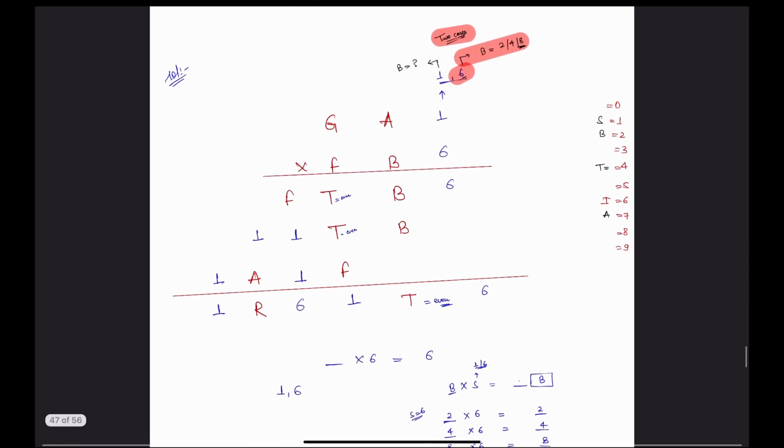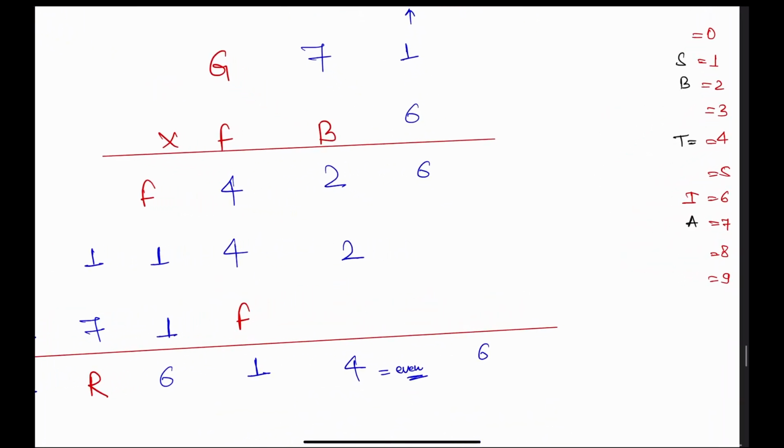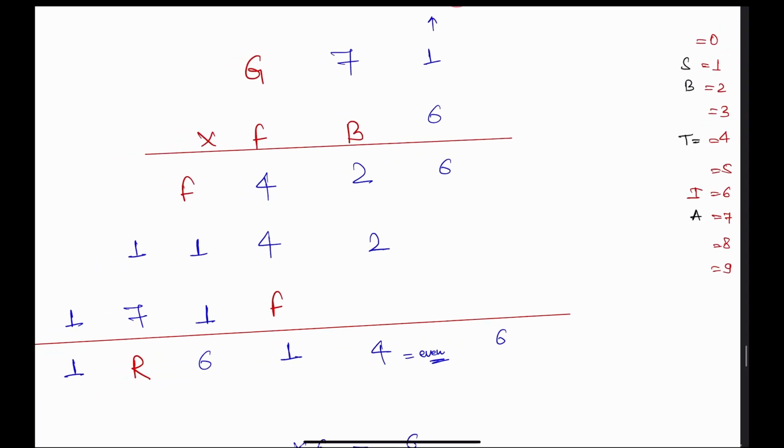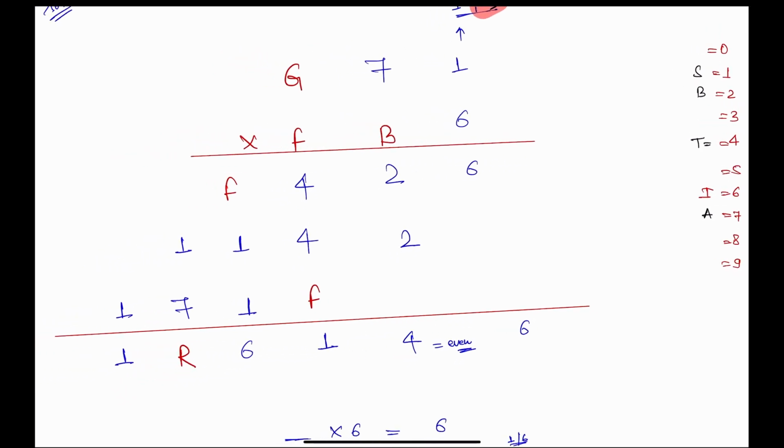So let's replace everything with whatever we got. A equal to 7, T equal to 4, B equal to 2. I don't think we need anything else. So B into 1 is 2.